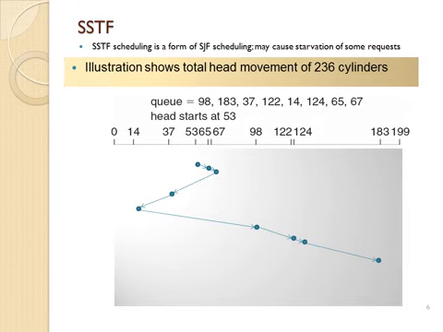And if you were unsure how to calculate the total head movement, you just take here 67 minus 53, and then plus 67 minus 14, plus 183 minus 14. I mean, you're just calculating how many cylinders the head has moved.